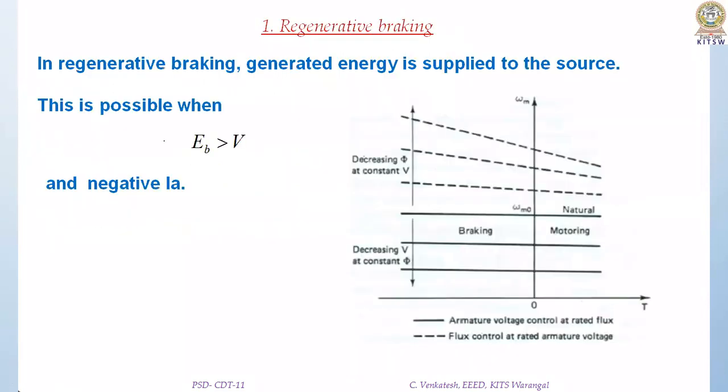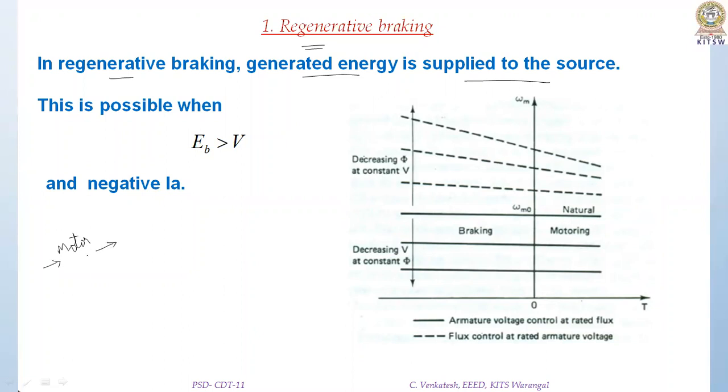Coming to the first one, regenerative braking. In regenerative braking, generated energy is supplied to the source. We are now discussing the motor. The motor takes electrical energy and gives mechanical energy.